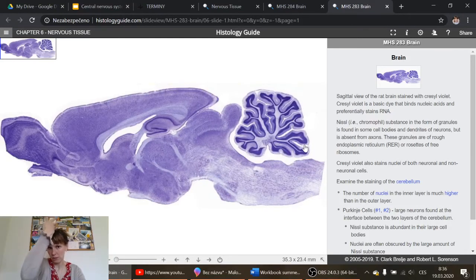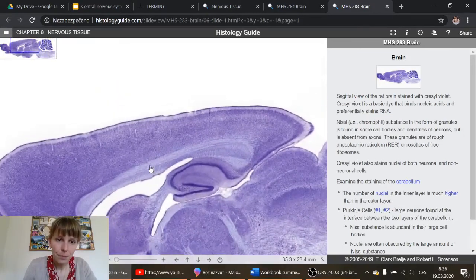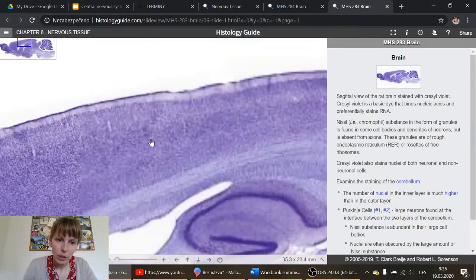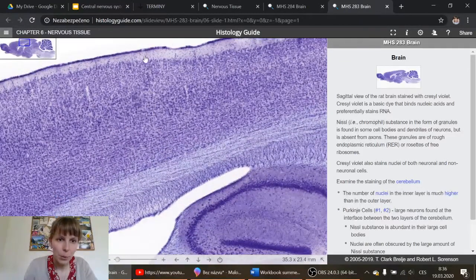Sagittal section is like this. So this is a sagittal section, and here we see the cerebellum, which we will take a look at in a minute, and this is all the rest. The cortex will be these layers surrounding the two hemispheres. This is one of the hemispheres cut like that, and if we zoom in, we can see that all of these are layers of cell bodies.